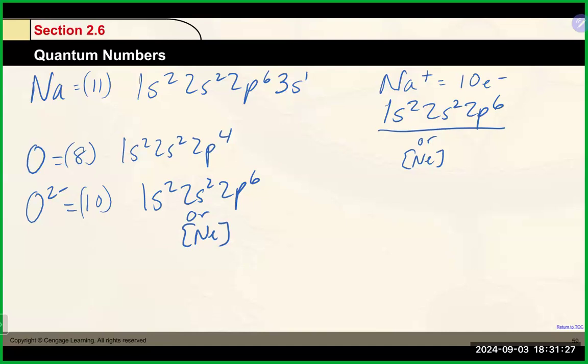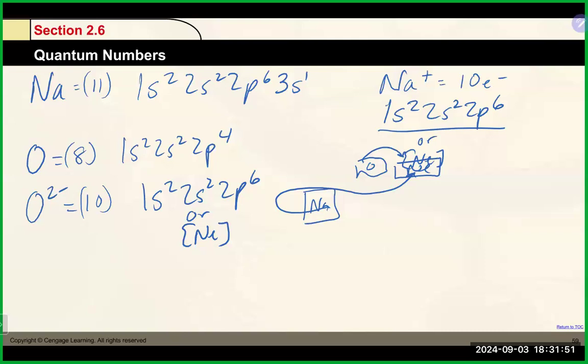You can see on the periodic table, if you look where sodium is located, where oxygen, not drawn to scale here, is located, and neon is located. Metals will lose electrons and end up back at the noble gas that comes right before them. Non-metals will typically gain electrons and go forward on the periodic table to the noble gas that comes after them.